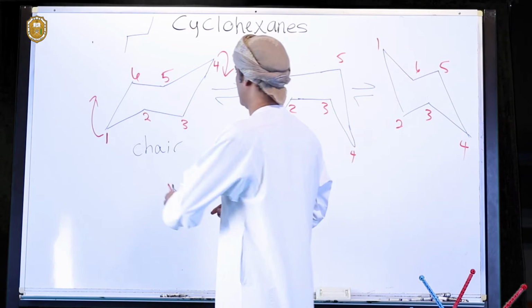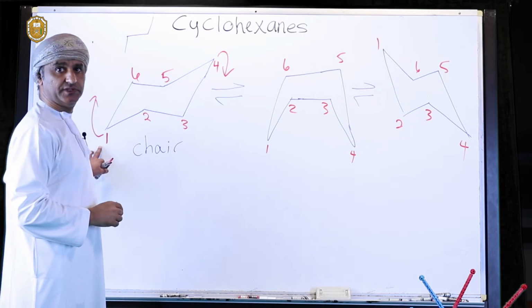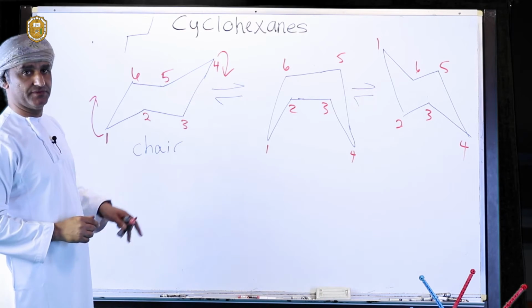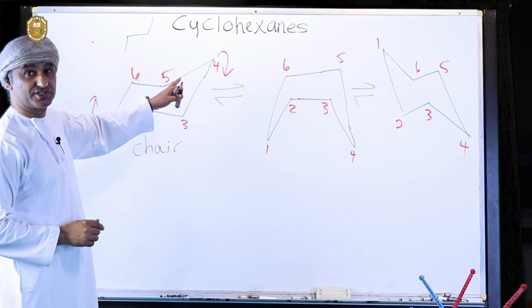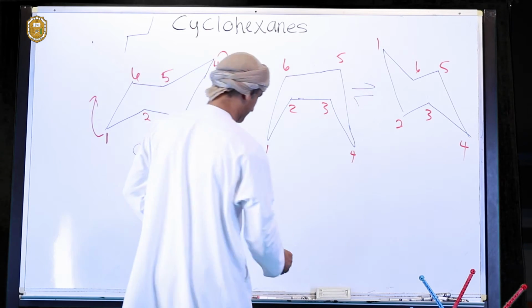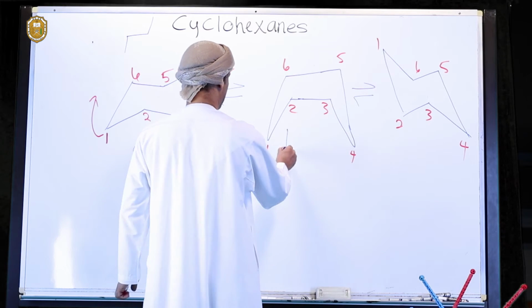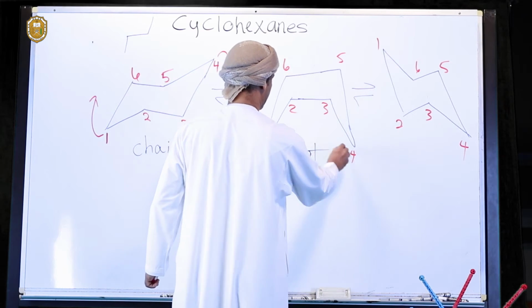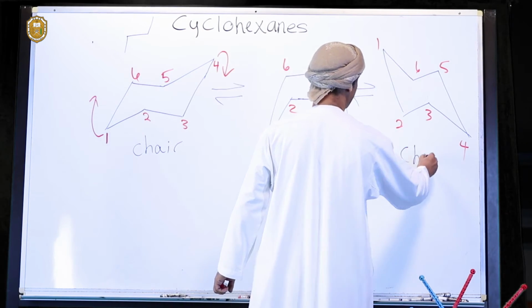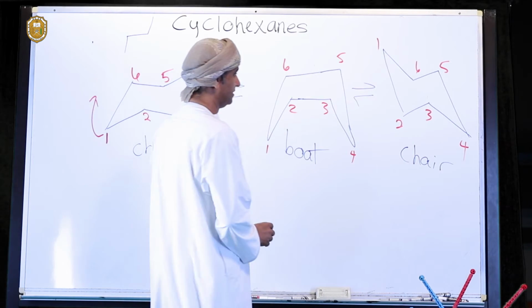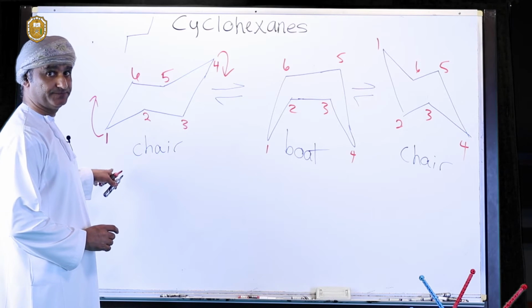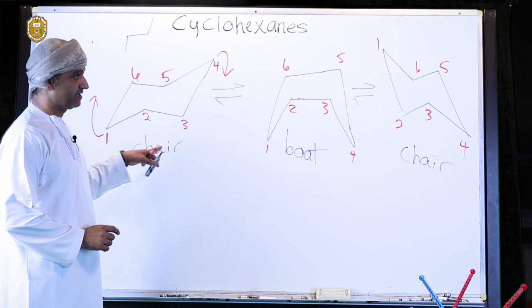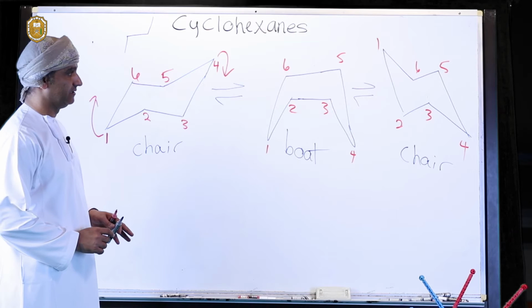So carbon 1 was down in this chair. It should be up now in the other. Carbon 4 is up in this chair, so it should be down in the other. So this is a boat conformation, and this is the other chair conformation. And remember, whatever bond was axial should become equatorial in the other chair.